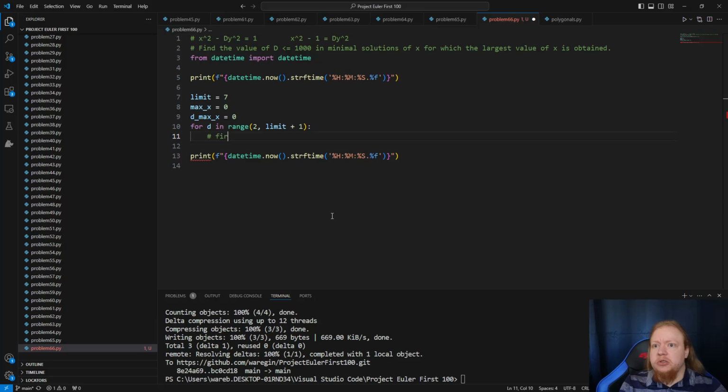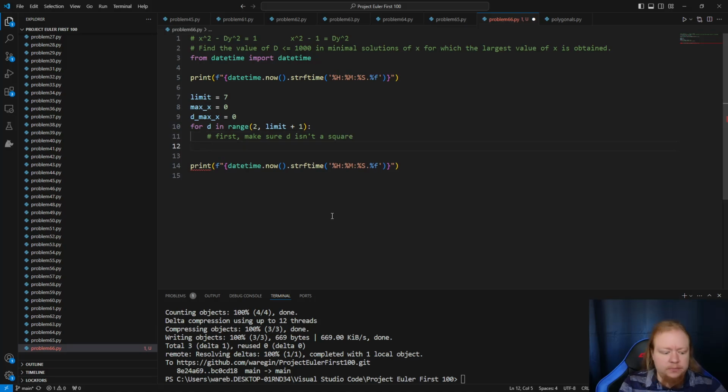So first, make sure d isn't a square. Then go through x, starting with, oh, what's a good starting?